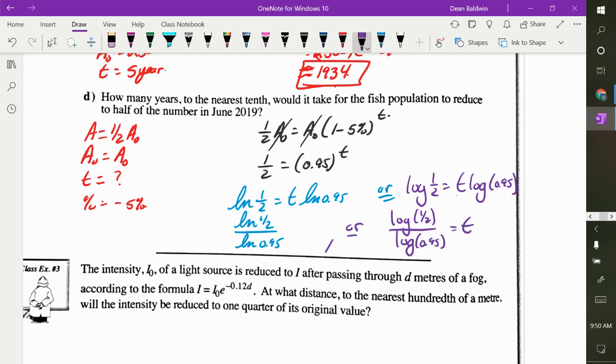And the answer either way is 13.51 or 13.5 years. They wanted the nearest tenth. That's 1 decimal place. So I should have written 13.5. All right. Is that okay?